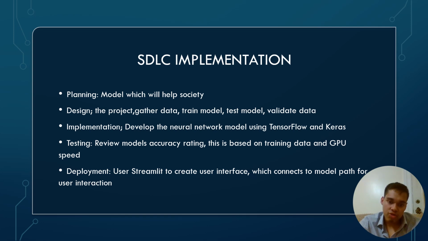We also have the Streamlit library, with which the user will be able to upload a picture of their own. Any picture they choose to upload, they can do so in this model. And this model should be able to identify what type of picture the user uploaded, with the accuracy rating. And then finally, deployment. Again, we're going to use the Streamlit library to deploy via the user interface. And you can also deploy this project on GitHub for other users to download.